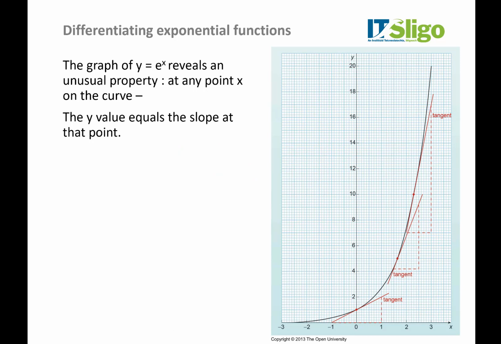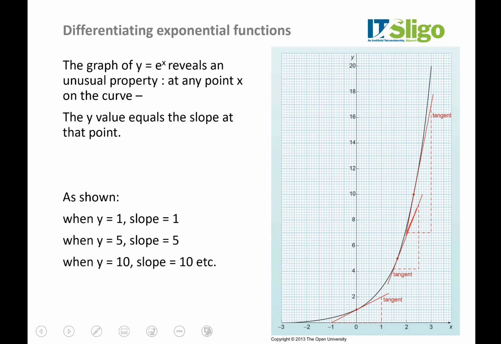So if the output is 1, then the slope is 1. When y is 1, the slope is 1. When the output is 5, the slope is 5. When the output is 10, the slope at that point, if we were to draw a tangent and get the slope at that point, would be 10.